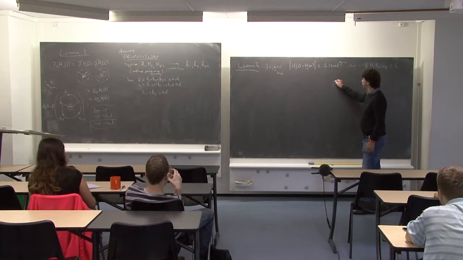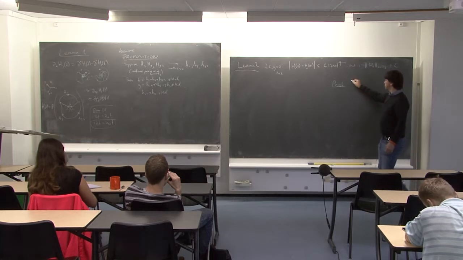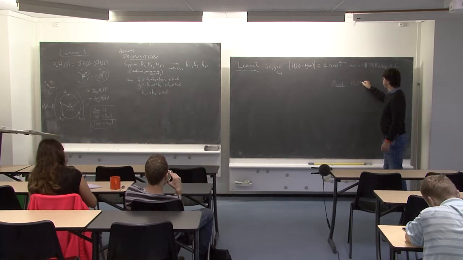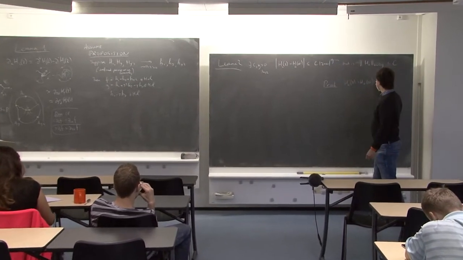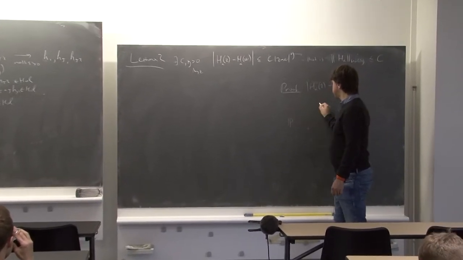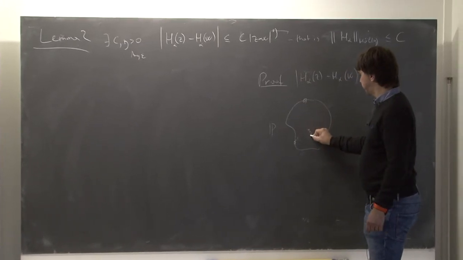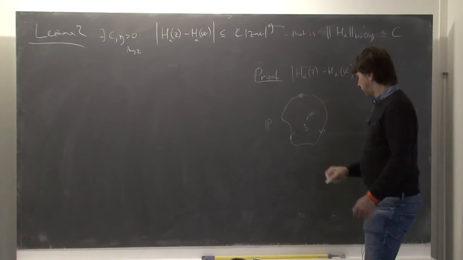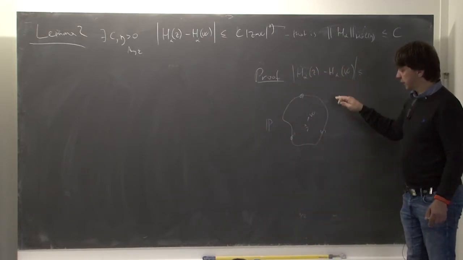So the proof. h alpha of z minus h alpha of w, so again, this is at most, what is the event that, if we have two points, one of them is cut by a crossing and the other is not?